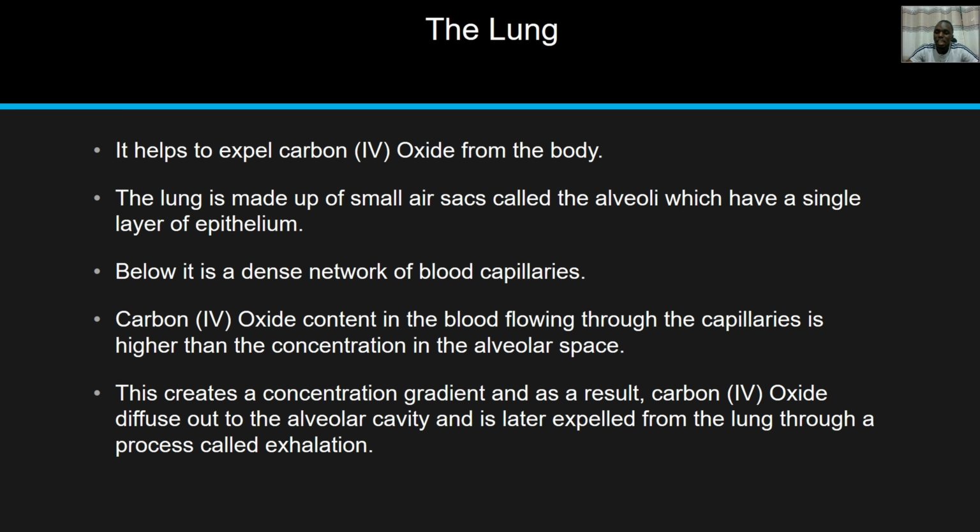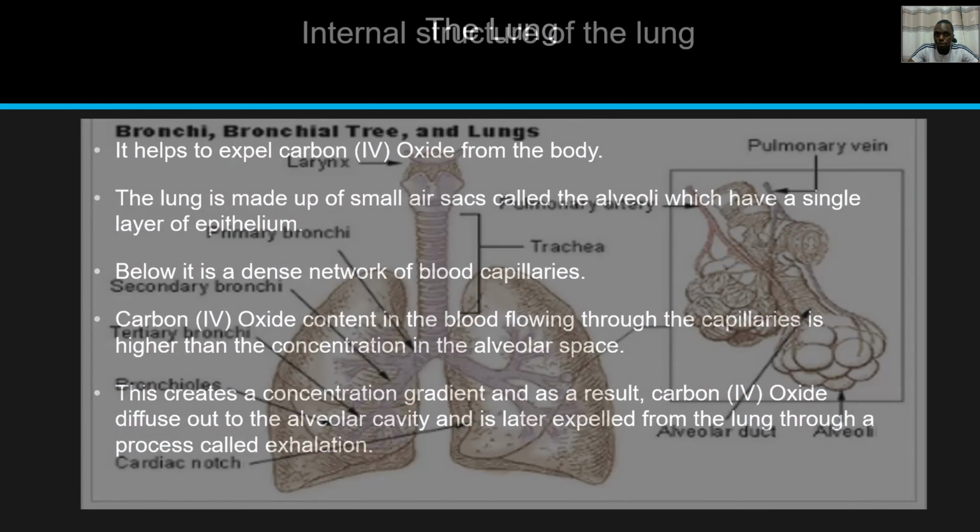It means that it's thin, and the purpose of that thinness is to allow for easy diffusion of gases from the bloodstream to the alveolar cavity. The carbon dioxide content in the blood flowing through the capillaries is higher than the concentration in the alveolar space, and therefore carbon dioxide moves from where it's highly concentrated to where it's lowly concentrated, and later through exhalation it's removed from the body.